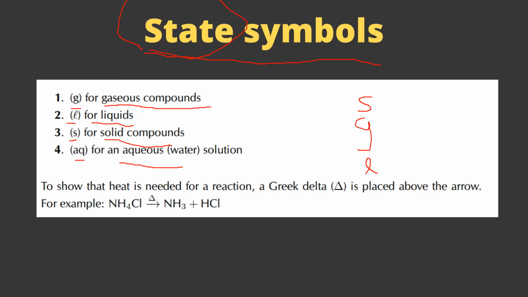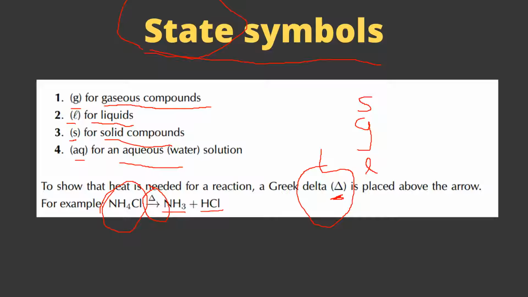And as I've mentioned, sometimes on top of that arrow that is separating our reactants and products, you write this Greek letter delta, this triangle, right? It's placed just above the arrow to show that heat is required. In this reaction, this compound requires heat to break into this compound plus this compound, right?